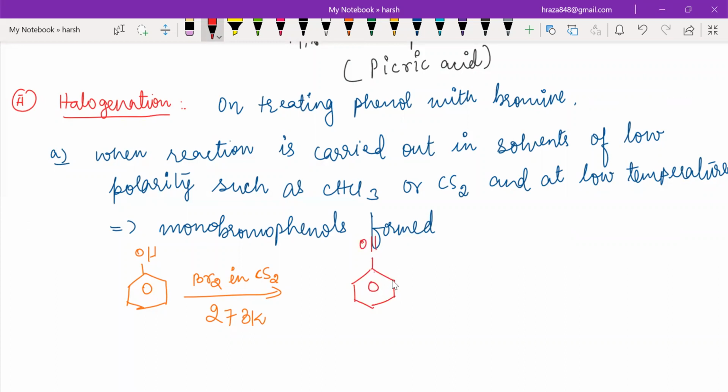So can you tell me which one will be more stable, the ortho one or the para one? And can you tell me the IUPAC name of the products?